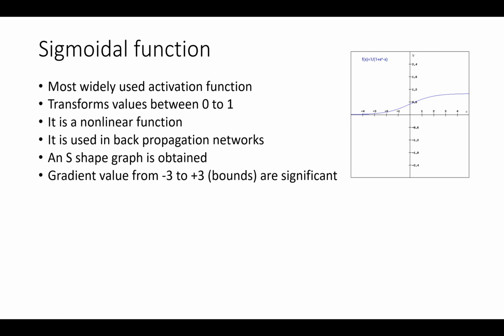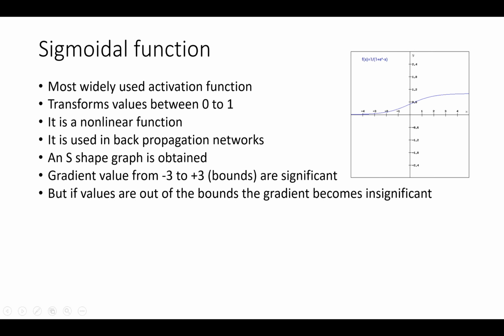if we see, because here the values of the gradients are significant and they are not near 0, sorry, not equal to 0. But there is an issue with the sigmoidal function.